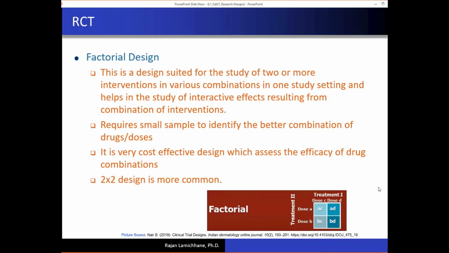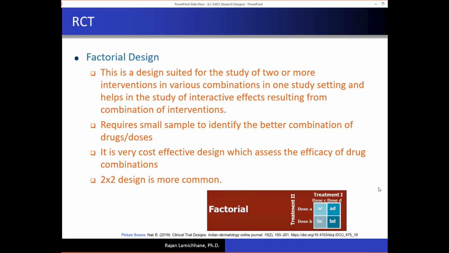Another design is a factorial design, and it is suited for the study of two or more interventions in various combinations in one study setting, and it helps in the study of interactive effects resulting from the combination of interventions. So if you have more than two interventions, and there is also a combination of different doses of those interventions, then the factorial design is very suitable for those kinds of studies.